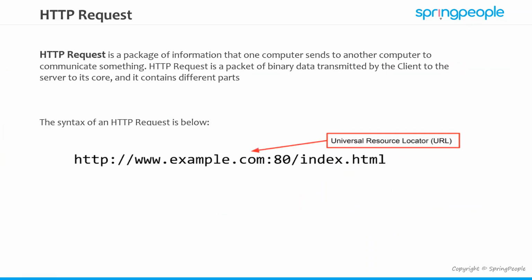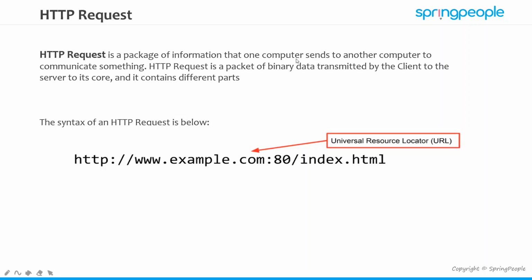HTTP request and response. As I said before, we will go deep into the HTTP request and the HTTP response. So first of all, let's talk about the HTTP request. An HTTP request is a package of information that one computer sends to another computer.